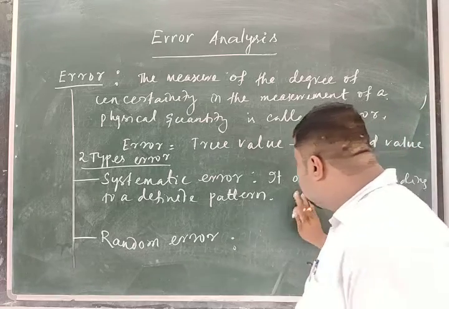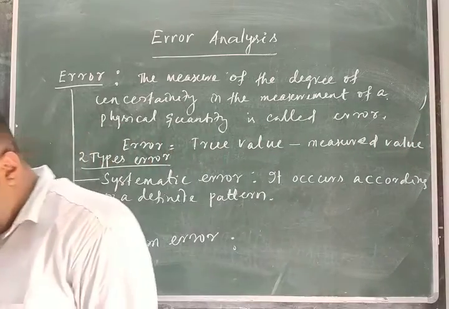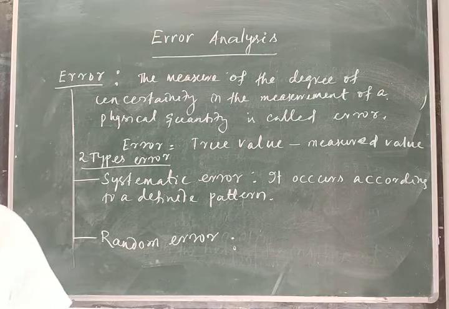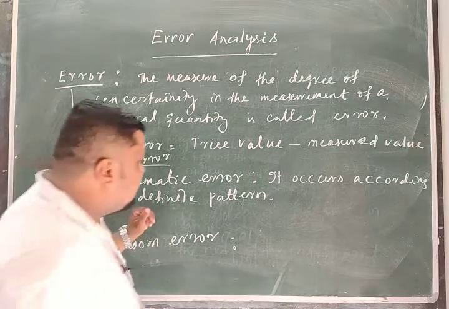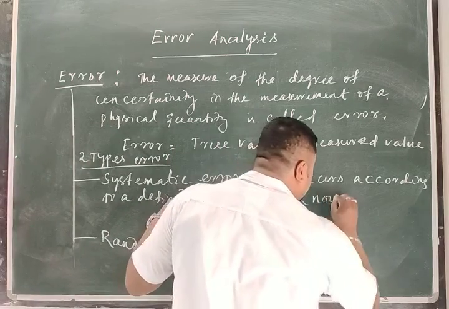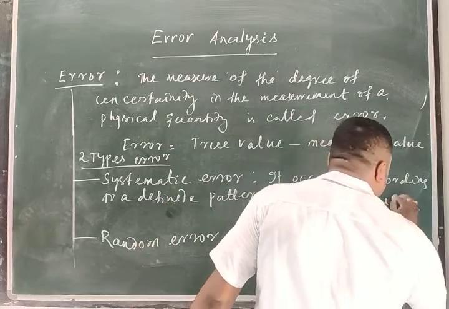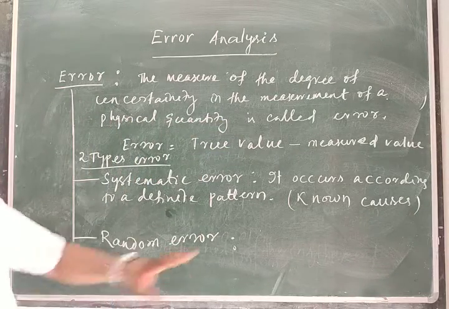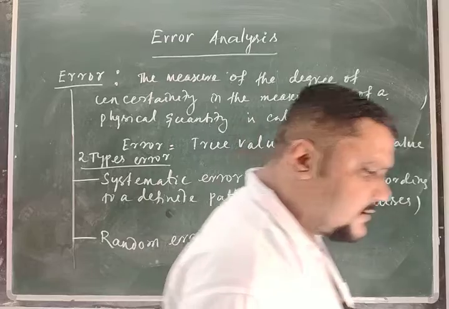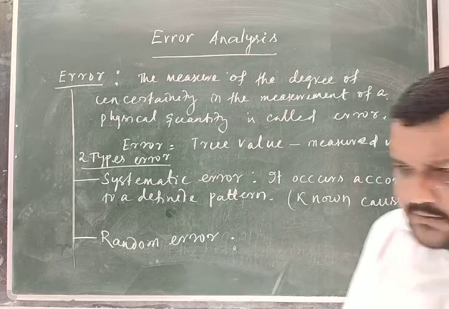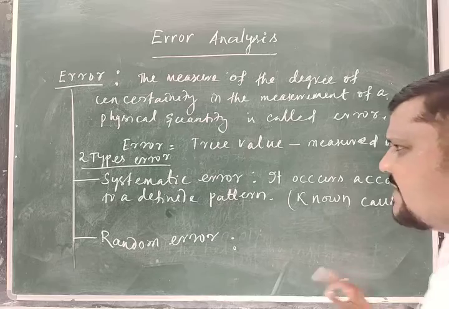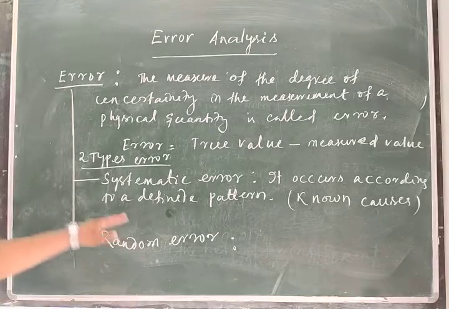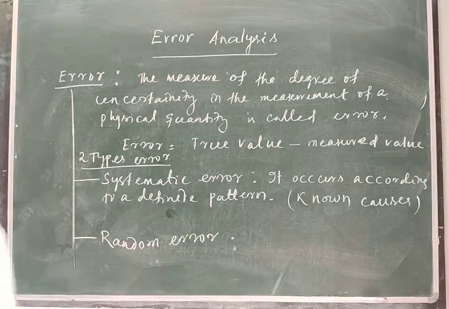We can also say this systematic error is because of known causes. We know where the cause of this error is, but it is not possible for us to minimize or reduce that error. That error comes according to a definite pattern.